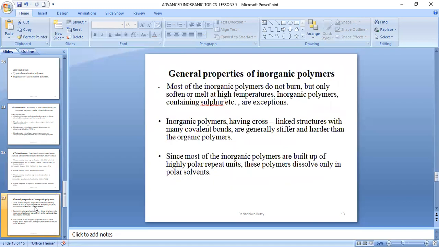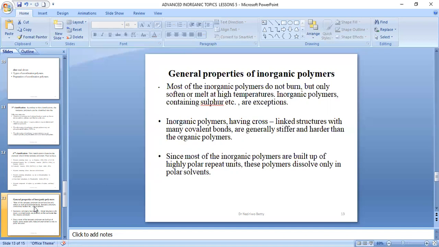Let us look at the general properties of inorganic polymers. Most of the inorganic polymers do not burn, but only soften or melt at higher temperatures, except polymers containing sulfur. Another property: inorganic polymers having a close linked structure with many covalent bonds are generally stiffer and harder than the organic polymers.